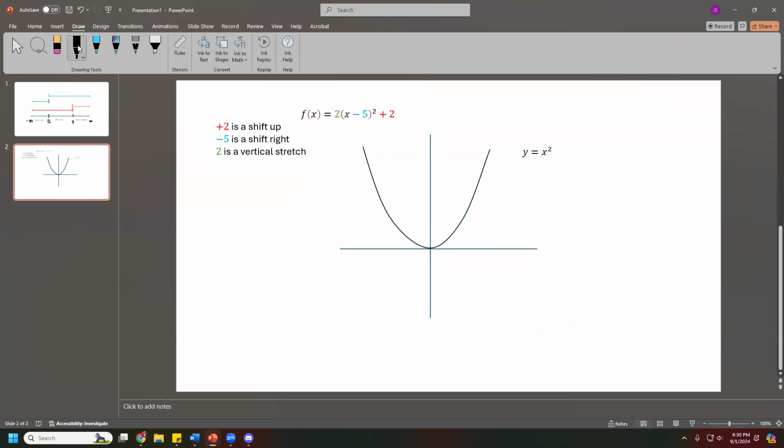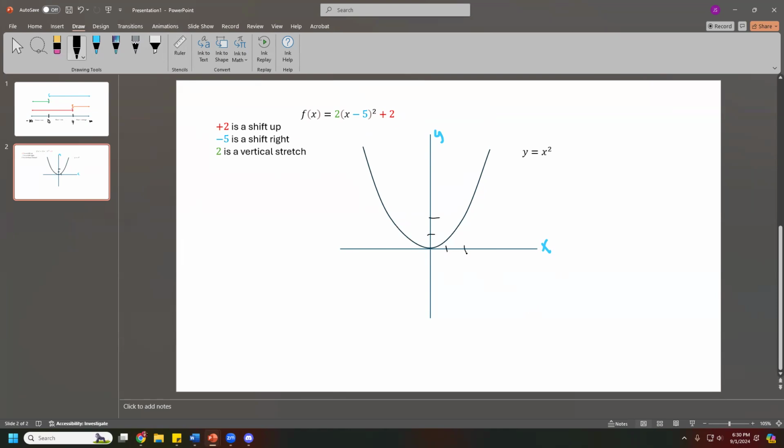Just to recap, here's my y-axis. Here's my x-axis, just to make sure we're not losing sight of that. And this is my parent function right here. So first thing I'm going to do is draw my tick marks over here. So I need to go 2 up. There's 2. And I need to go 5 to the right.